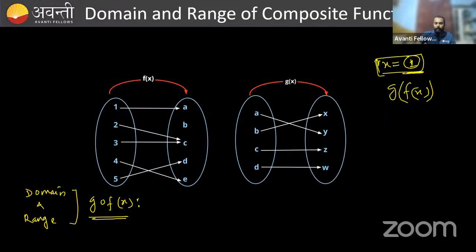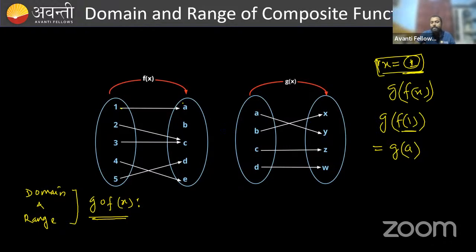When we take x is equal to 1, what will we get? g of f of 1, right? f of 1 is a, because after putting 1 in f of x, you are getting a. So in place of f of 1, we can write a. So g of a. Now find g of a.